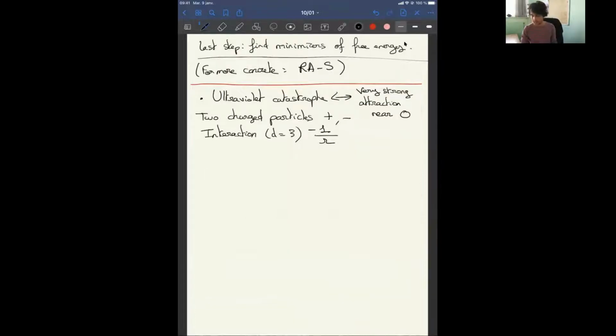Here, if you have two particles at 0, two particles that are super close, the energy is minus infinity. That's a fairly low energy. If there is no hardcore condition that prevents them from being too close to each other, what they want to do, energy-wise, is just collapse into one another and form one doublet.